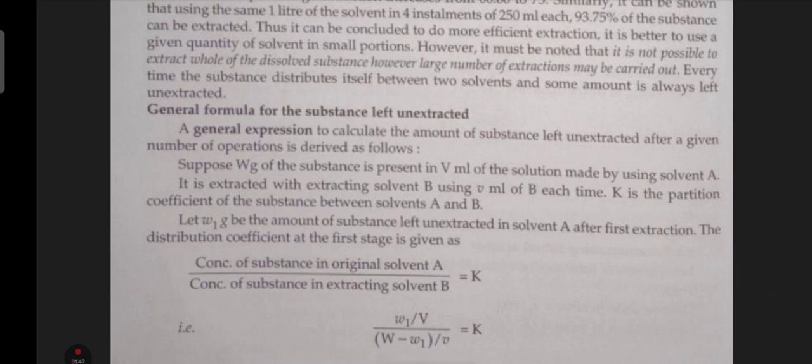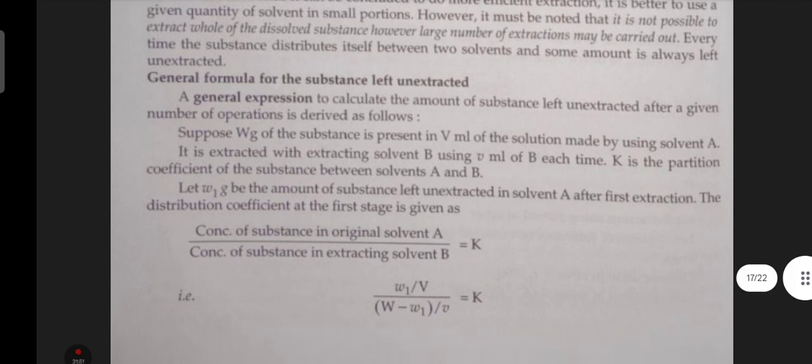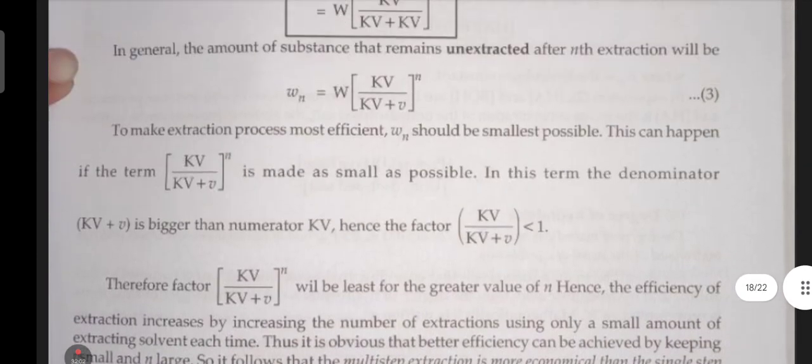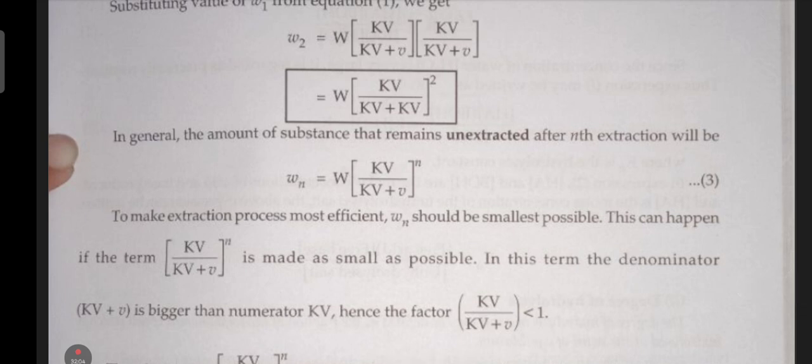A general expression to calculate the amount of substance left unextracted after a given number of operations is derived. That is, Wn is equal to W into KV upon KV plus V, to the power n.